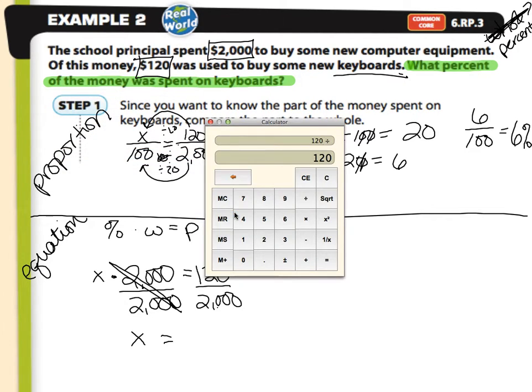So 120 divided by 2,000, I get 0.06. But remember, this is a decimal, so as a percent, I have to move that decimal twice to the right. X equals 6%.